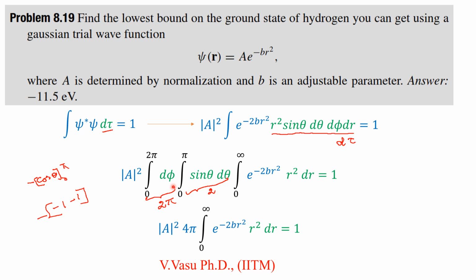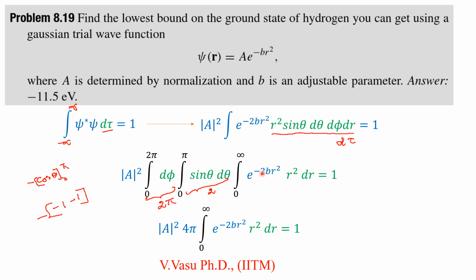Now you can notice that the integral is not between minus infinity to plus infinity because of the spherical symmetry, and also the φ and θ angles will take care of it. Only thing you have to remember is the radial limit is between 0 to infinity.